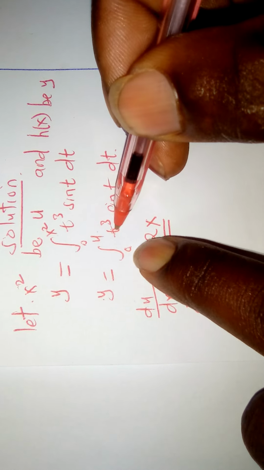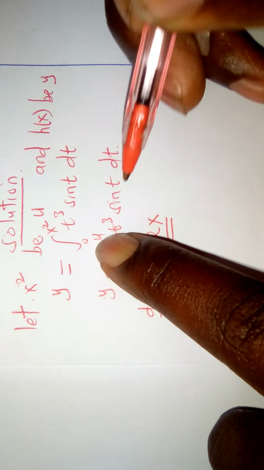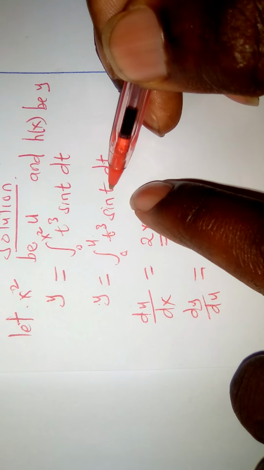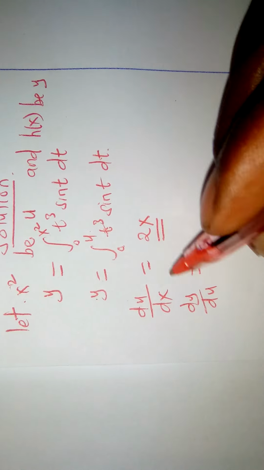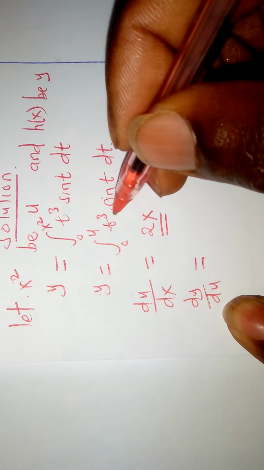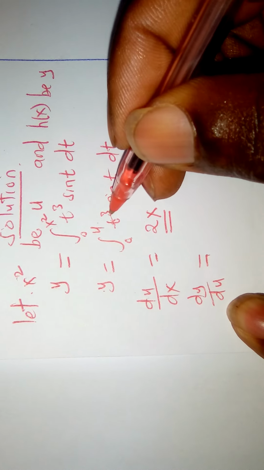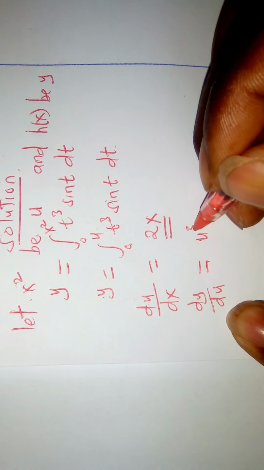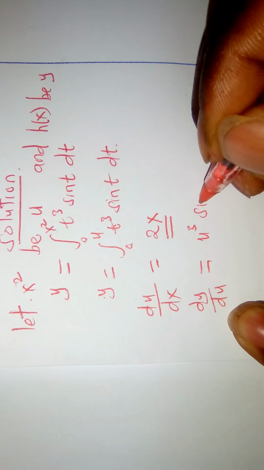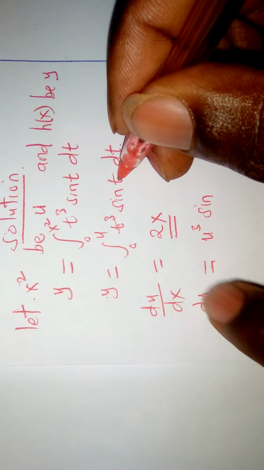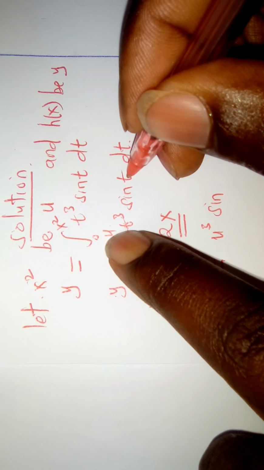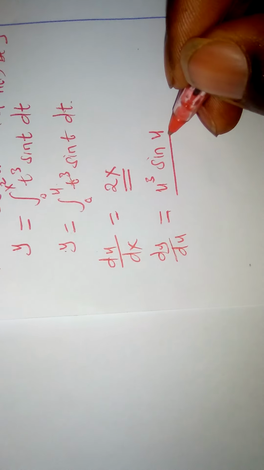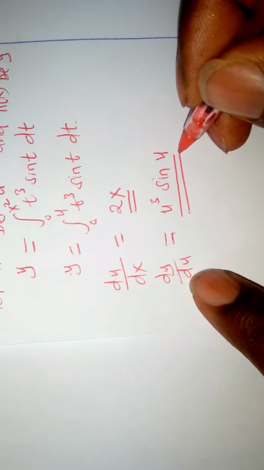So where t is, you shall just put u. Instead of t cubed, I'll have u cubed, and it is sine t, and I've said you replace t with u, so that is sine u there. Having gotten this, that is now dy/du.